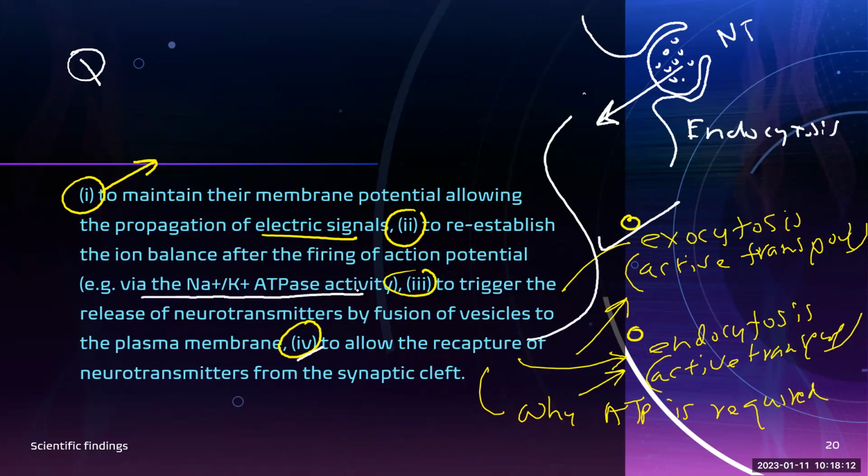Since that is given here, there may be a chance of being asked how energy is used for the third and fourth processes. The third one is exocytosis. The fourth one is endocytosis. You have to mention these words and explain how energy is used for this kind of process.